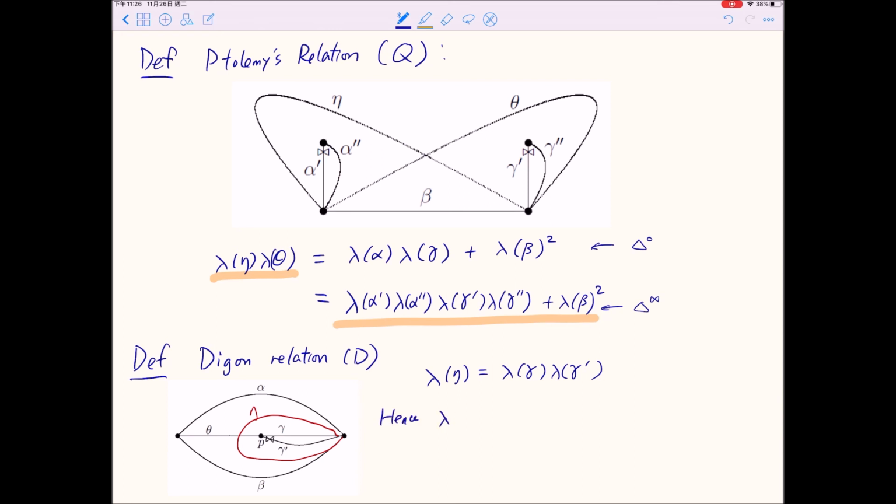So previously we have the ternary relation, which remember is a bad relation because they have a common factor. So it cannot be an exchange relation. But now if we rewrite everything in terms of tag arcs, so we do not allow eta, then this can be rewritten by removing the lambda gamma.